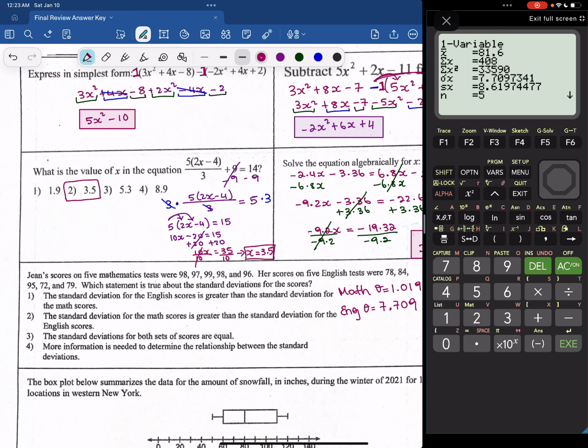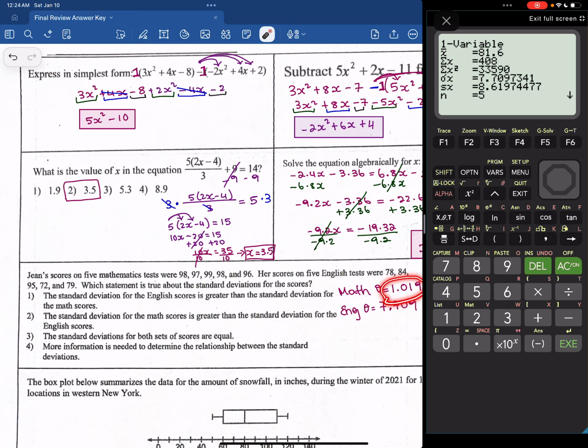Great. So if we compare these two standard deviations, choice one says the standard deviation for English is greater than the standard deviation for math, right? And that's true. Our standard deviation for English is 7.709, whereas math is just 1.019.